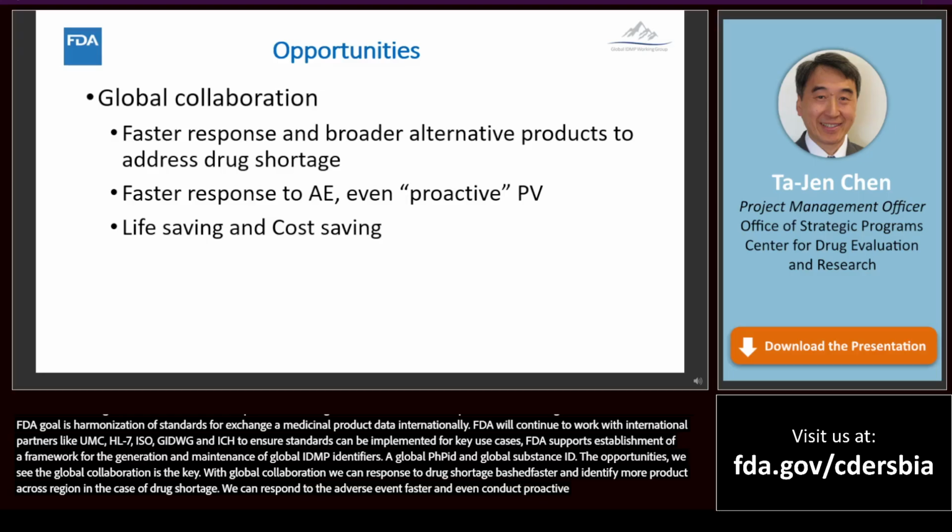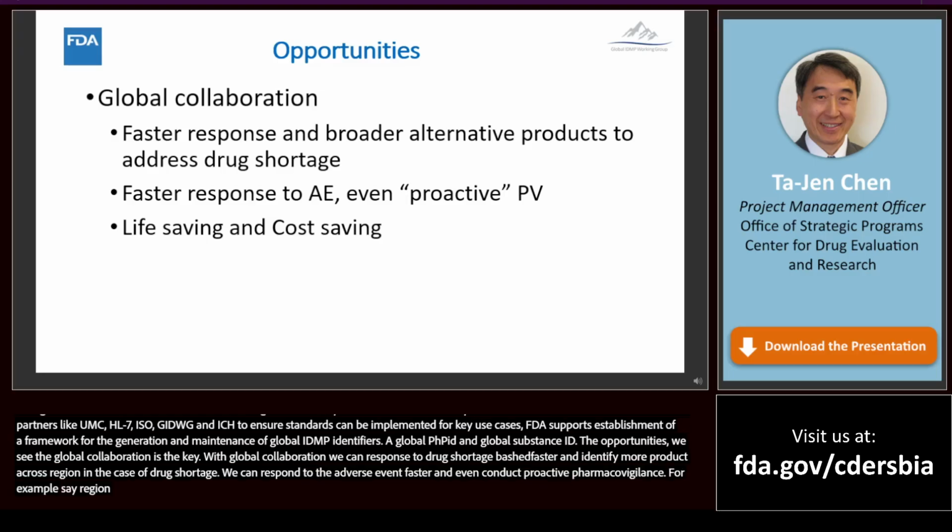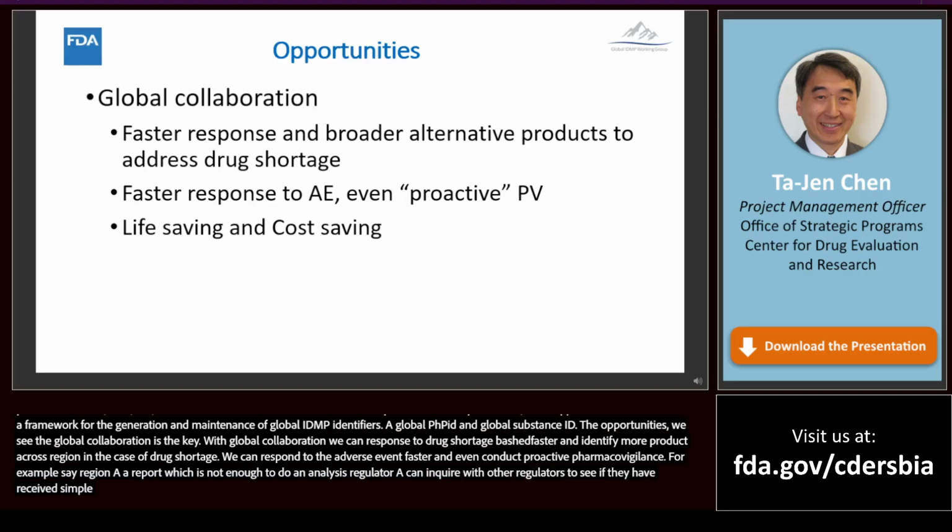So for example, in a region, say region A, the regulator has received a handful of adverse event reports, which is not enough to do any analysis. But regulator A can then inquire with other regulators to see if they have received similar events with similar products using various levels of PhPIDs.